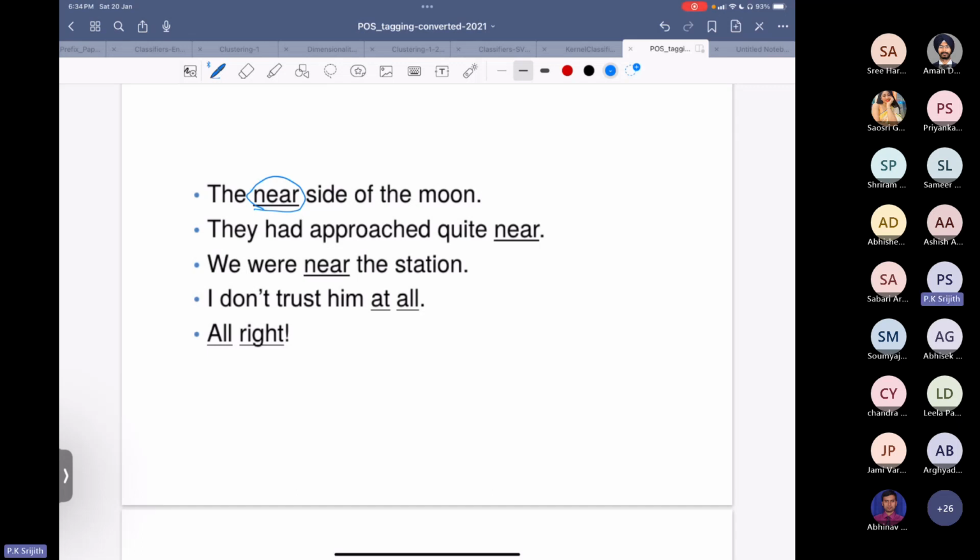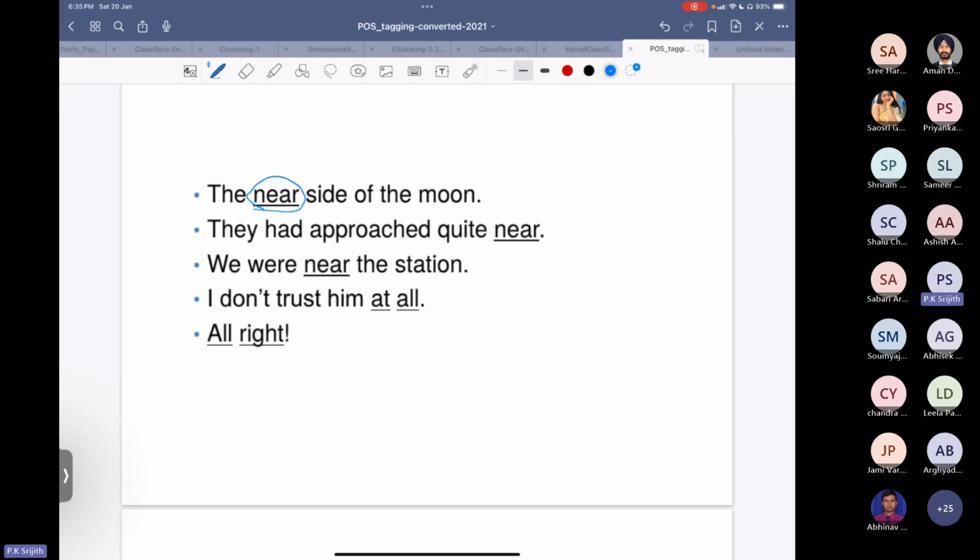Any other answer? It's describing the near side, so probably adjective. Yes, it's an adjective and not a verb, because it is trying to support the side, which is a noun. So it's not a verb, but it is modifying this noun side, so it's an adjective.